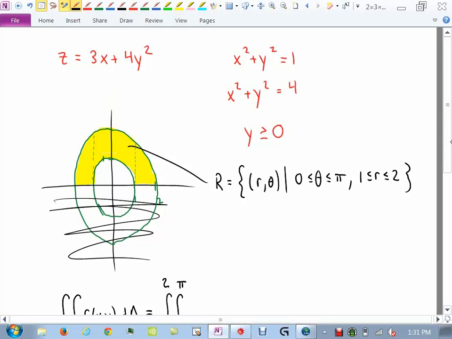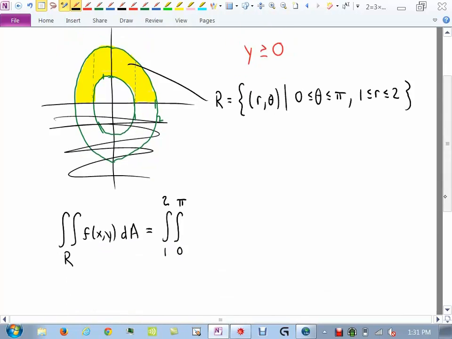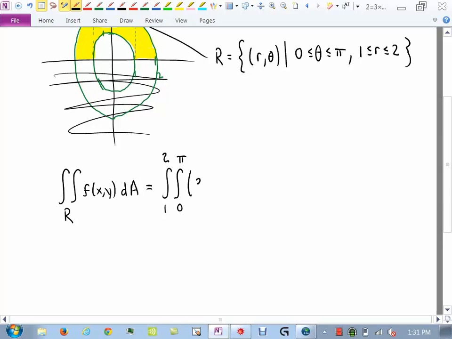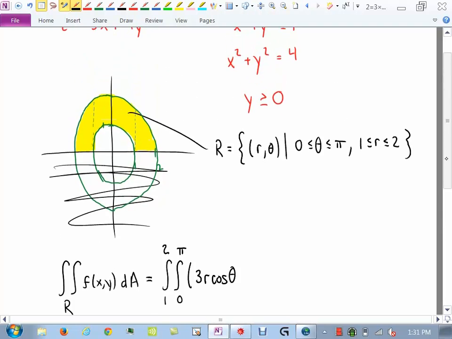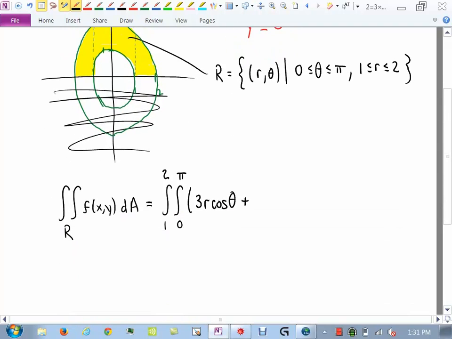But what's x going to be converted to if we go polar now? R cosine theta. So instead of writing 3x, I write 3r cosine theta. And instead of writing plus 4y squared, I write plus 4, what's y? Y is r sine theta. So r squared sine squared theta. Does everyone see that this is 3x plus 4y squared using our conversion from Cartesian to polar?